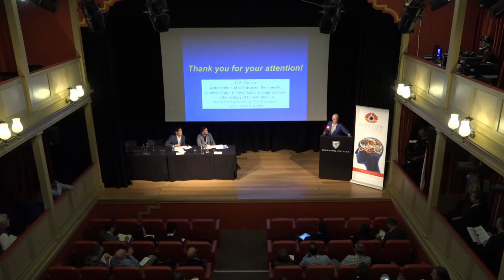Well, that's the $64 question, right? Why do we have a fovea? Why are the cones concentrated in the center of the macula? I think it's part of the same package, that it's a product of evolution for excellent vision.